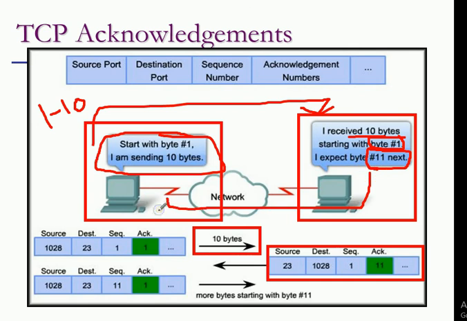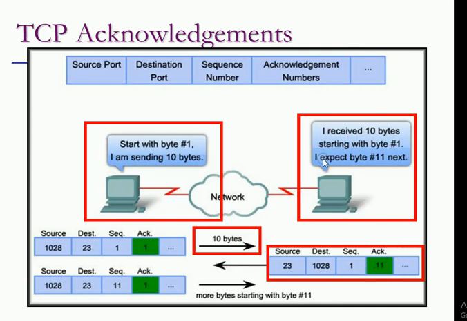And then this will be sent over here, and then he will say, I received 10. Since you're expecting 11, I'm sending 11. That's how this works. And this is why the acknowledgement over here is 11, because he's received 10 and now he's waiting for 11. After the 10 bytes are sent, this is how the acknowledgement changes.